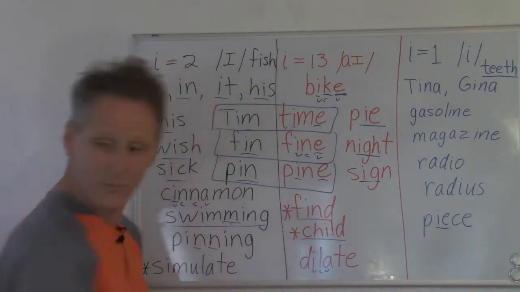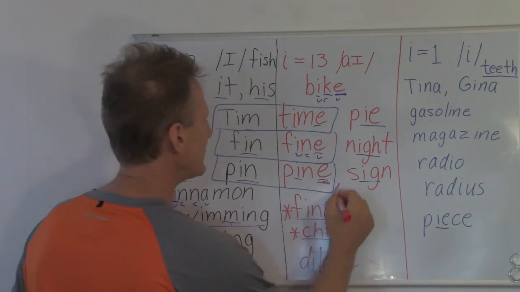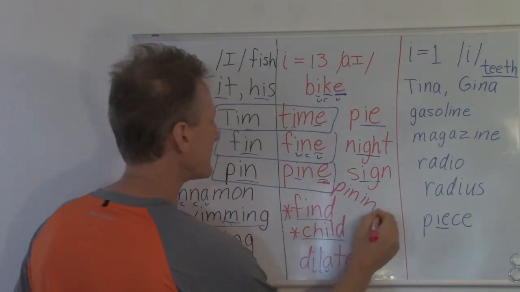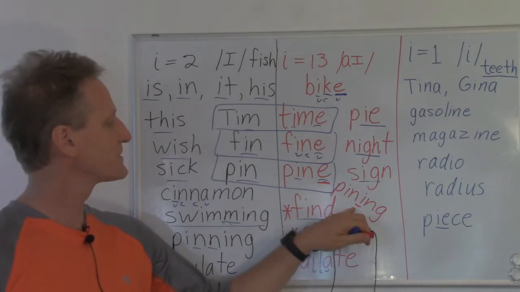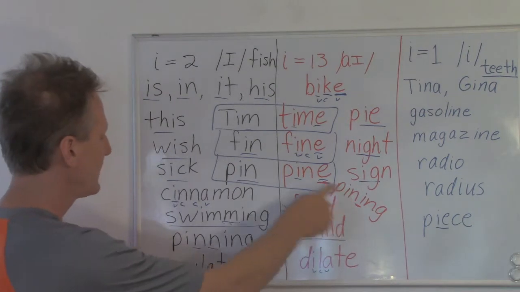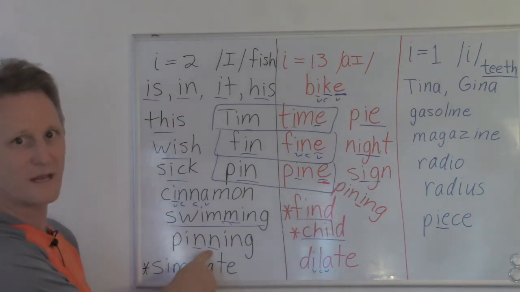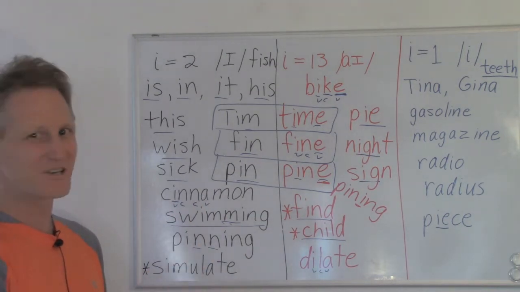And if we were to put pining, we would eliminate the E, because now this I fulfills the function of this silent E, and that then is the reason for the double letter in pinning.